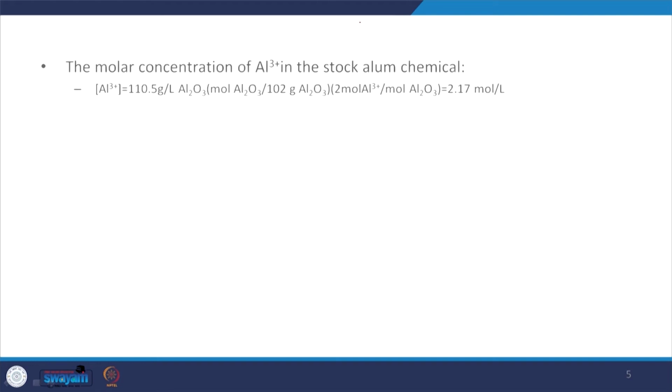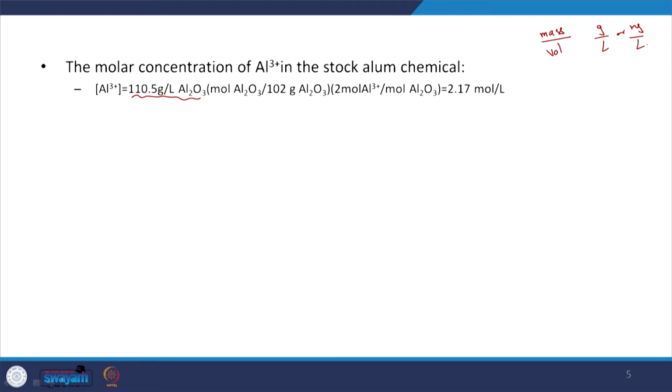So, let us look at the next aspect. We calculated the relevant molecular weights and got the relevant mass per volume, right. We have different ways of expressing units. One is mass per volume, as in gram per liter or milligram per liter.